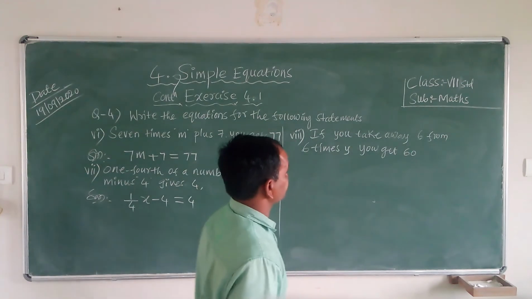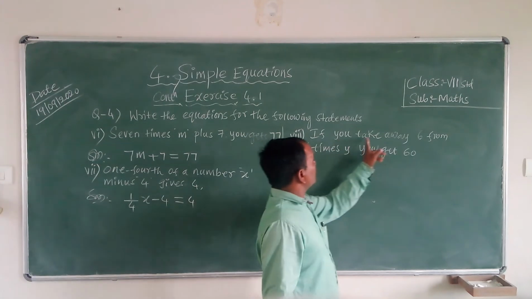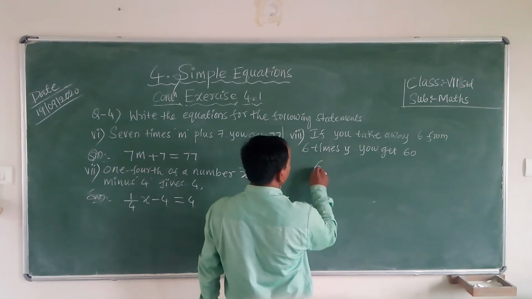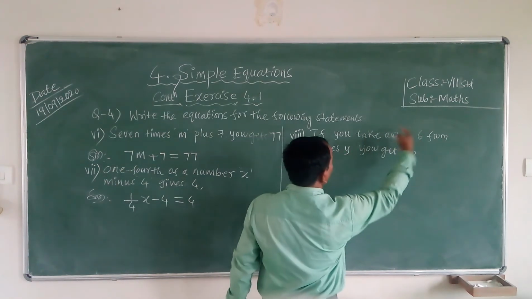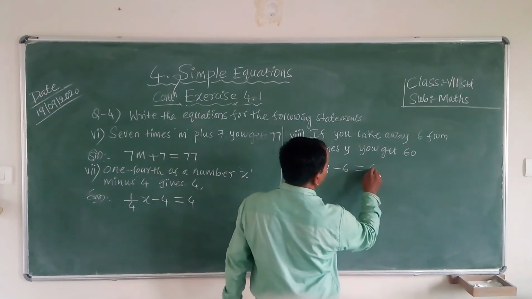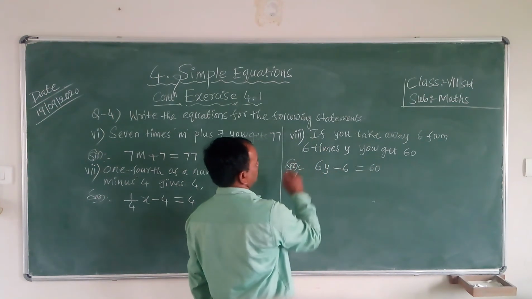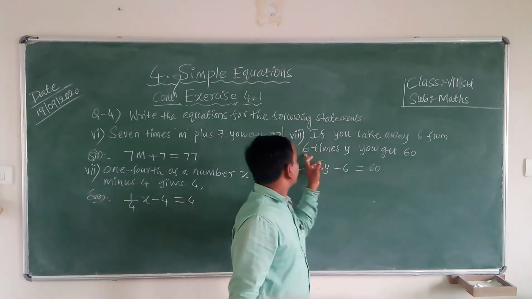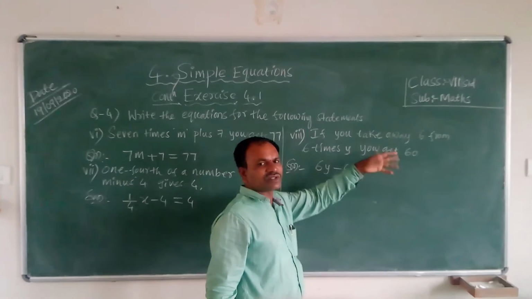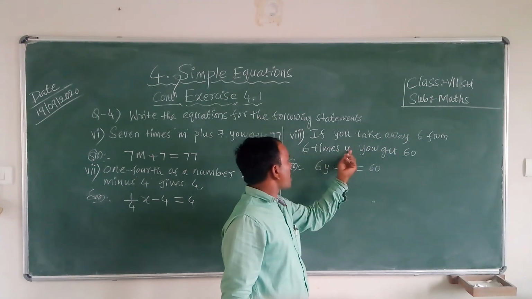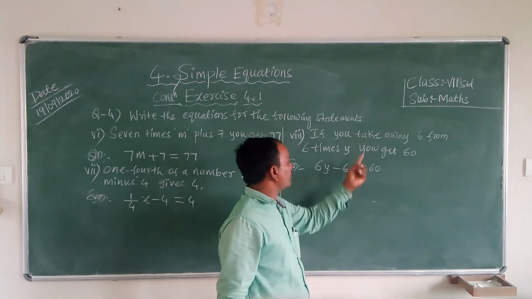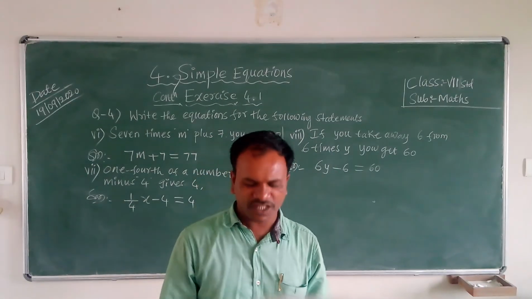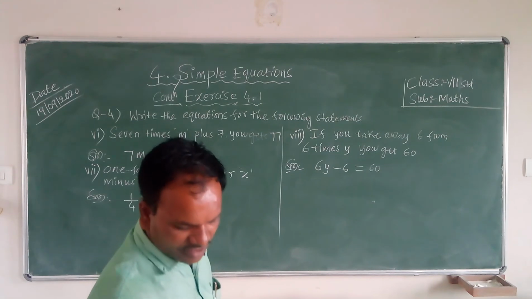So like this, if you take away 6 from 6 times y. 6 times y means what? 6y. Away from means minus 6. 6y minus 6 is equal to 60. Like this we have to write the equations.